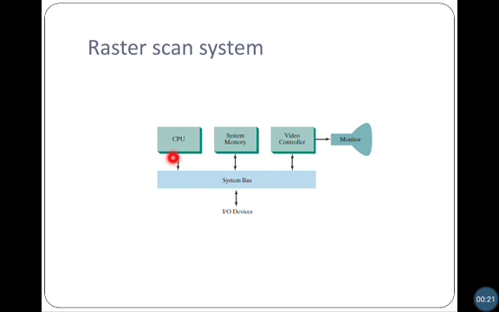In addition to the central processing unit, they have a special processor called a video controller or display controller, which is used to control the operation of the display device. Also we have a system bus where the input output devices are connected, and this is the system memory. So it is a normal PC with extra processing units like the video controller for handling the processor system. This is called a raster scan system.